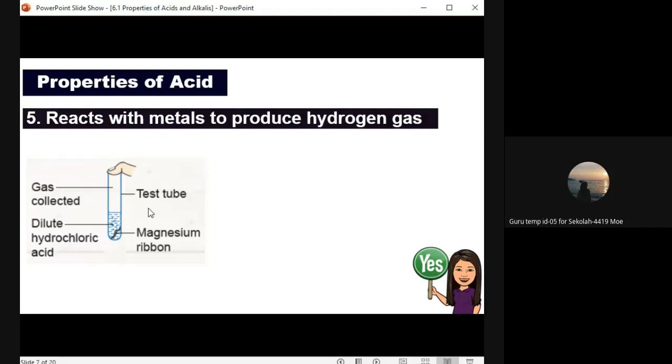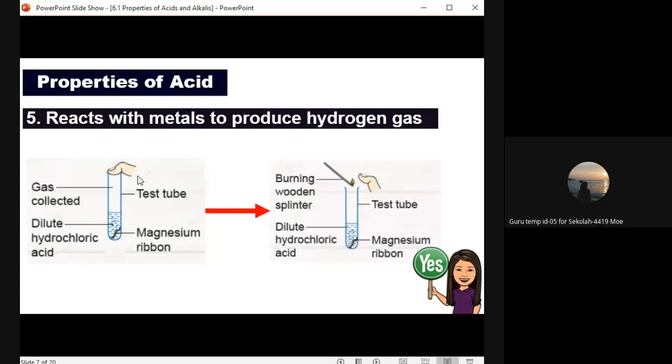If we fill this test tube with dilute hydrochloric acid and drop in a small piece of magnesium ribbon, you will quickly see that there will be bubbles formed because they are releasing a type of gas that you can collect by placing your thumb over the test tube. Then we will carry out a test of the gas being released by using a burning wooden splinter. So you have learned before, right?